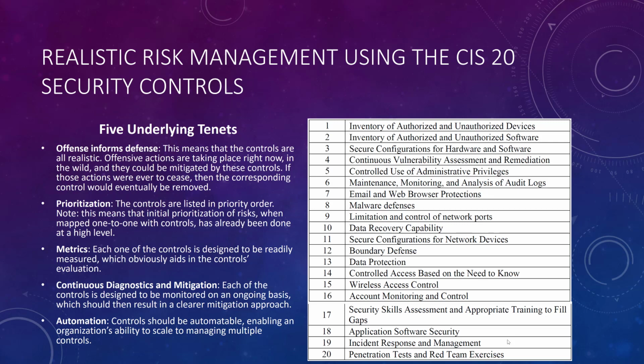Looking at the use of administrative privileges, looking at monitoring and analyzing your audit logs, focusing on those key tools that everybody uses, email, web browsers, looking for malware, going in now and starting to focus on not only your network ports, but your data recovery capability, looking at your network architecture and network devices, data protection and classification, and so on and so forth. And so you start working down this list of these 20 controls and making sure that you're addressing each of these components.